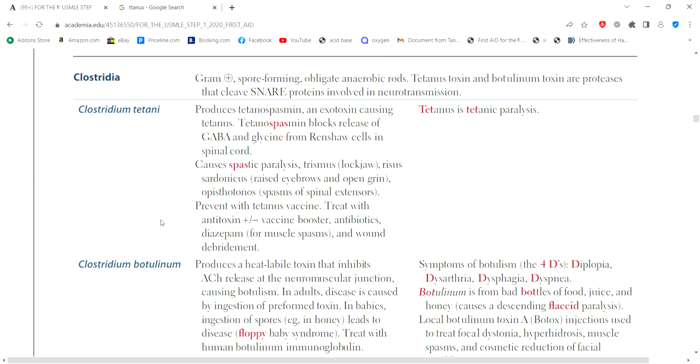So chloride can come into the cell, making the cell more negative inside. The goal of benzodiazepine is to increase chloride inside the cell. So diazepam is to calm the muscles. All right. So that's that. Tetanus is a tetanic paralysis.